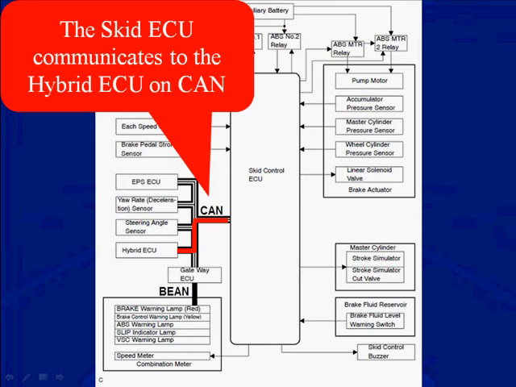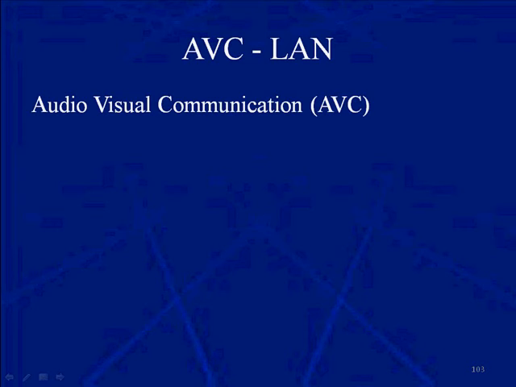And we're going to talk about the skid control. We're going to talk about the power source and the hybrid ECU individually. But here you can see that the skid control ECU and the hybrid ECU, that's braking, vehicle stability, electric motor operation, regenerative braking operation. It all has to be done in near real-time operation.